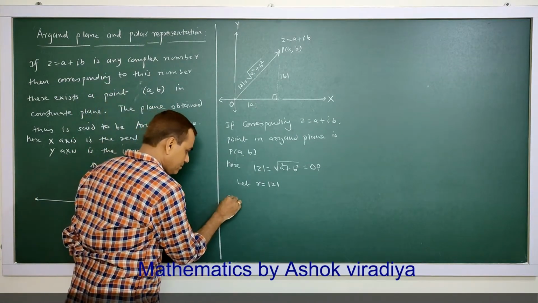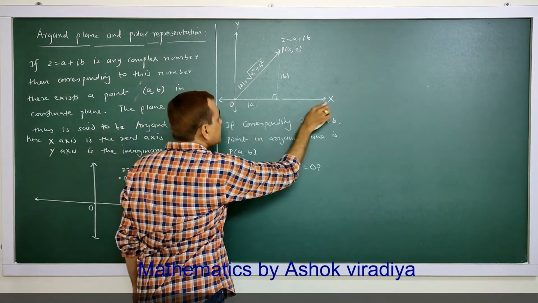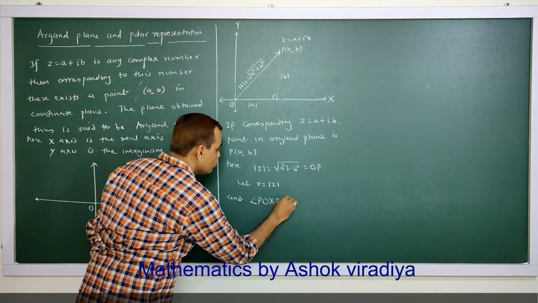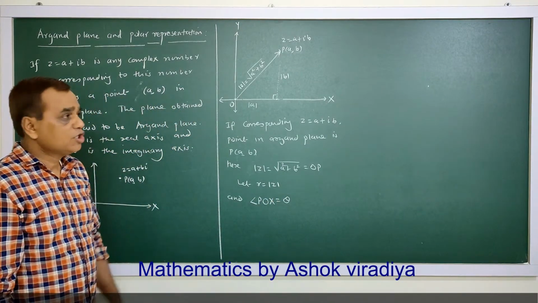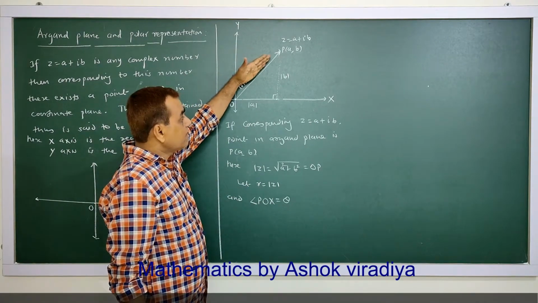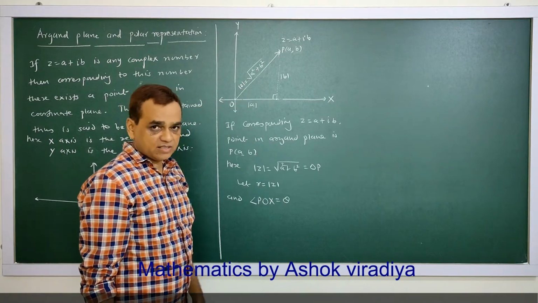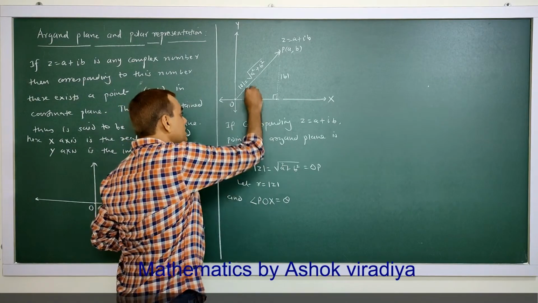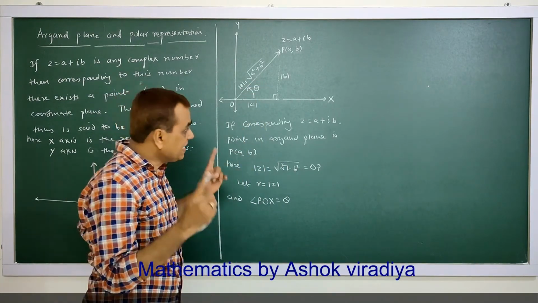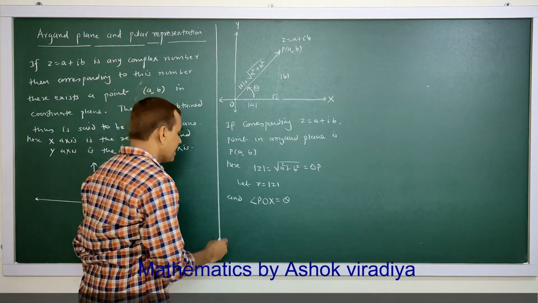And angle POX is equal to theta. So theta is the angle made by this line segment OP with the x-axis. So this is theta. This theta is said to be the argument of the complex number z.